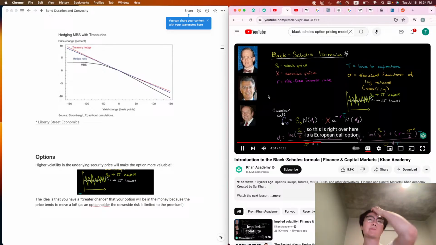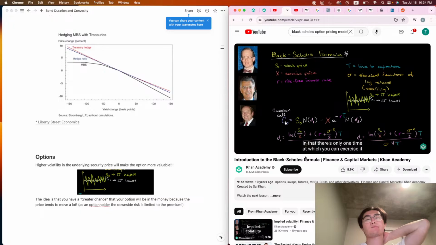So this right over here is a European call option. And remember, a European call option is mathematically simpler than an American call option in that there's only one time at which you can exercise it, on the exercise date.